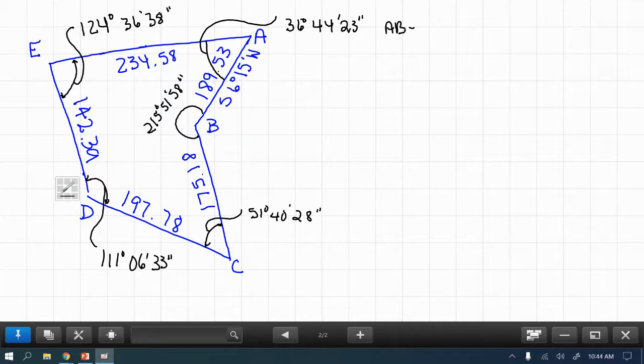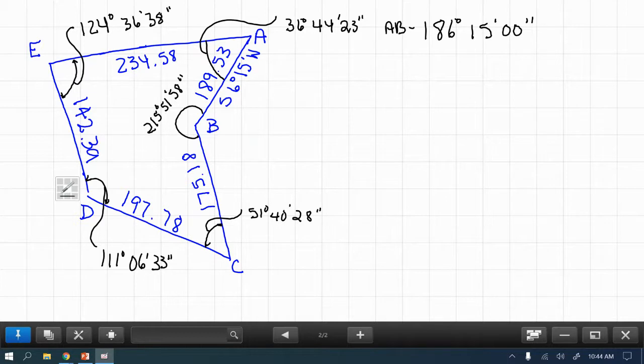We would add 180. So that would be 186 degrees, 15 minutes. There was no seconds. That's the bearing from A to B, so on the chart it'd be AB preliminary azimuth.